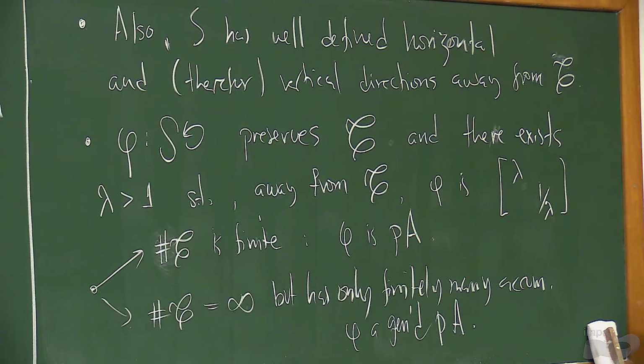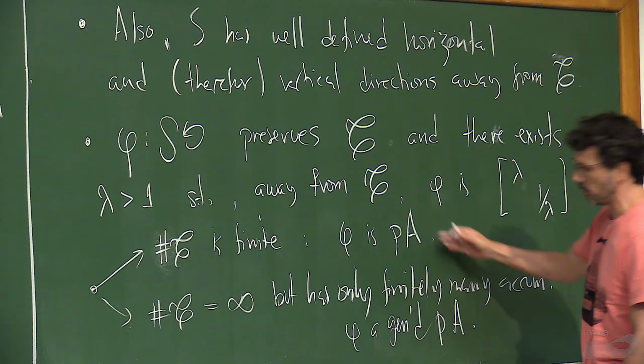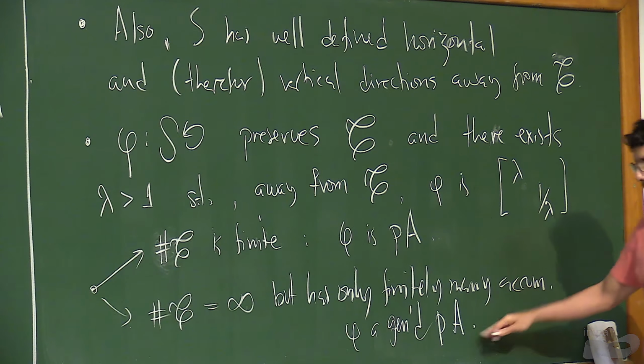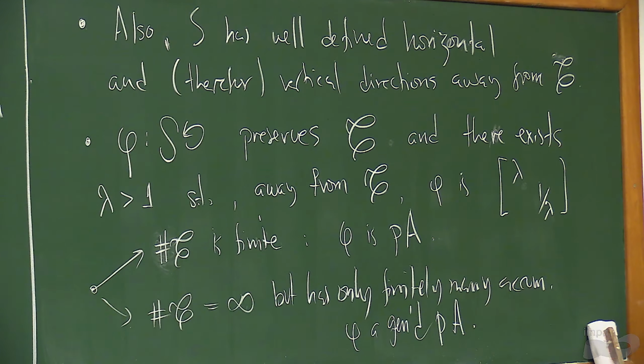Well, actually, I'll call pseudo-Anosov maps generalized pseudo-Anosov maps also, but typically, when I say generalized pseudo-Anosovs, I'll be thinking of the ones which have infinitely many singularities accumulating at finitely many points. And this is the prime example.